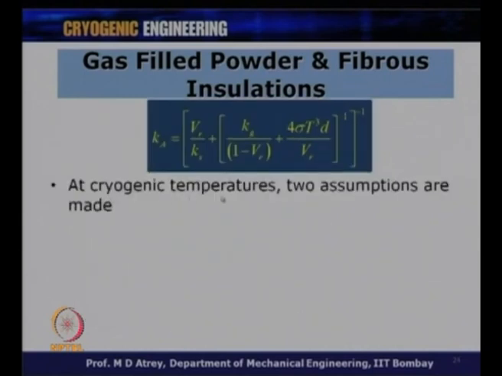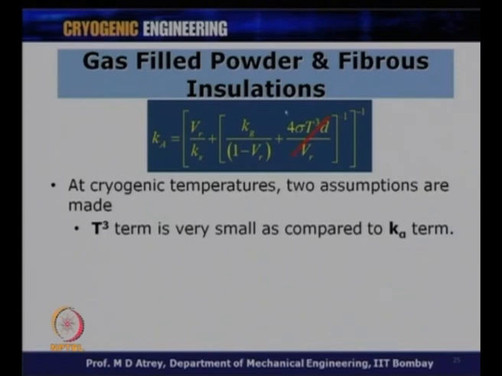We can say at cryogenic temperature, two assumptions can be made. The T cube term is going to be very small as compared to the Kg term, and therefore, we can neglect this term in front of this term. And then I can say that the Ks term, which is solid conduction, is very large as compared to Kg.